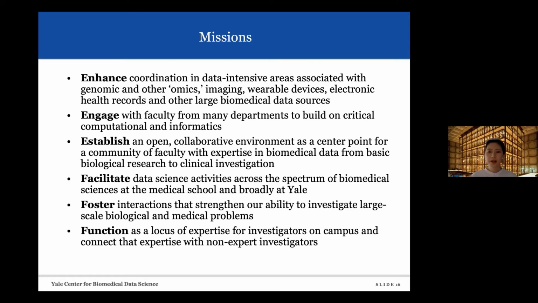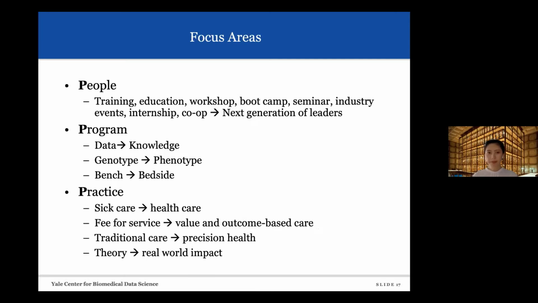We support the entire School of Medicine, School of Public Health, School of Nursing, and we also interact closely with the departments of Computer Science, Statistics and Data Science, Bioengineering, and you name it, any department with a strong computational background.